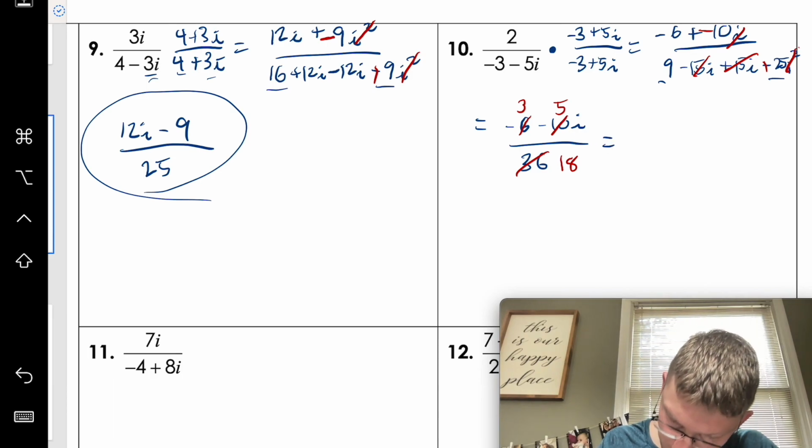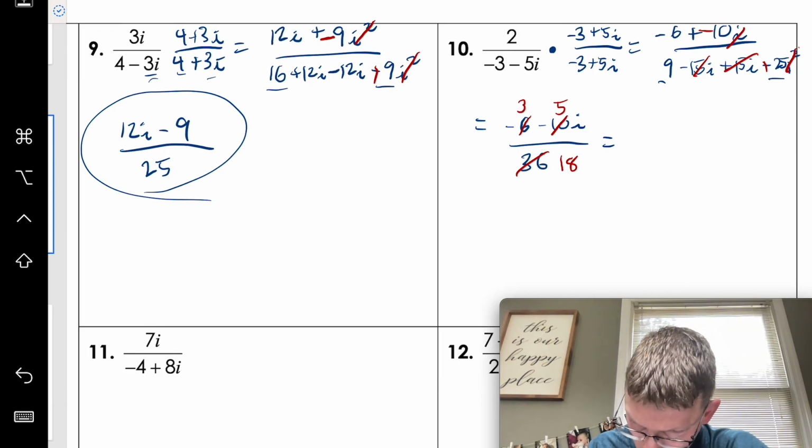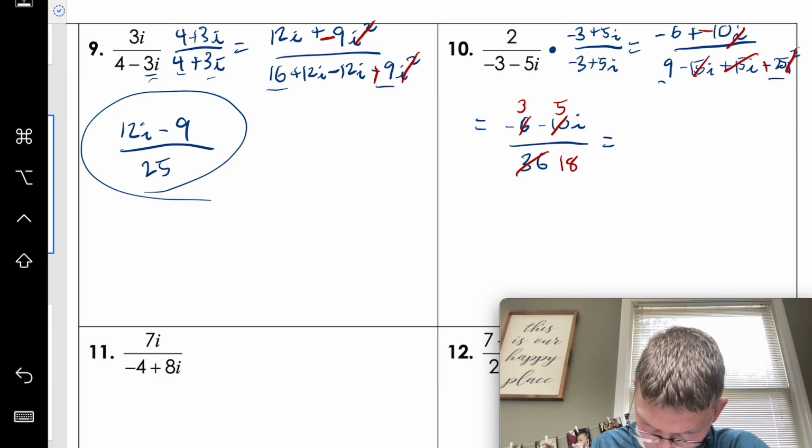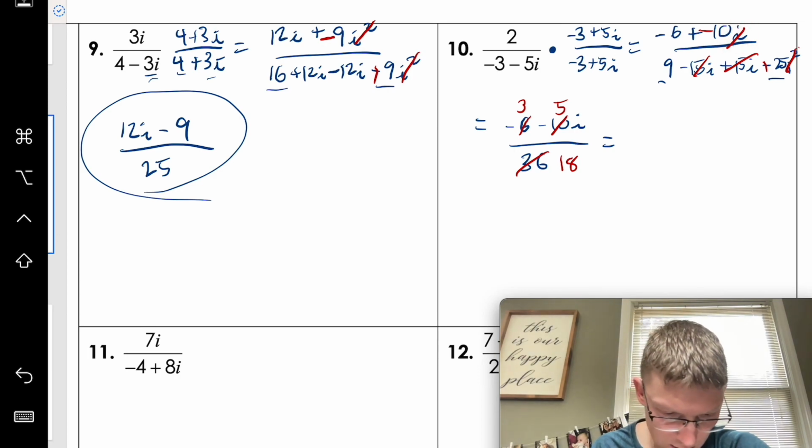So we're going to rewrite it. Make sure it's all pretty and stuff. So it's going to be, hang on. I made a mistake. So if you look right here, I tried to cancel out an i, thinking that it was an i squared. It was not an i squared.